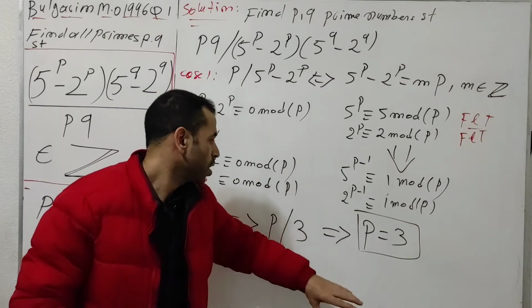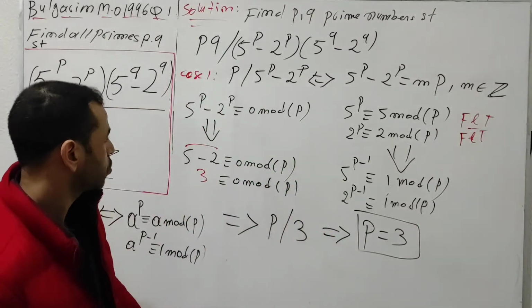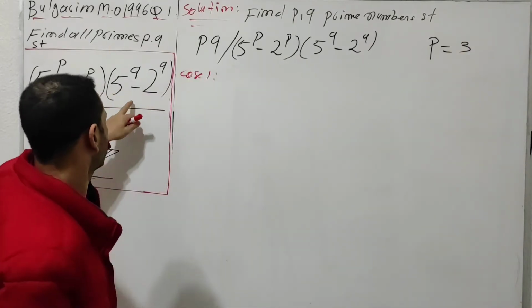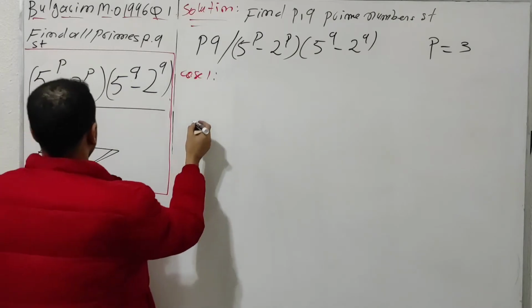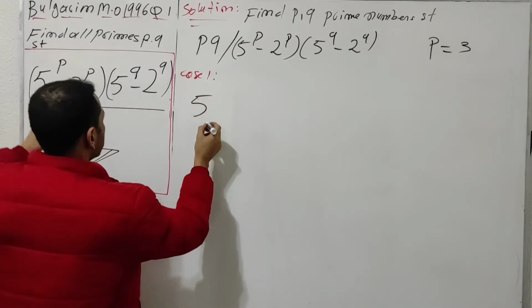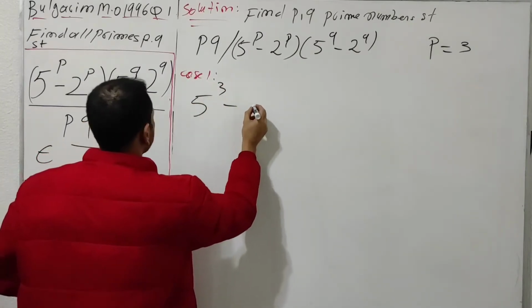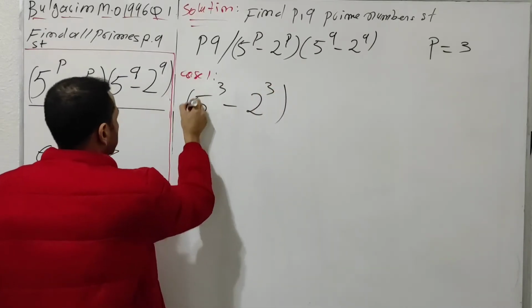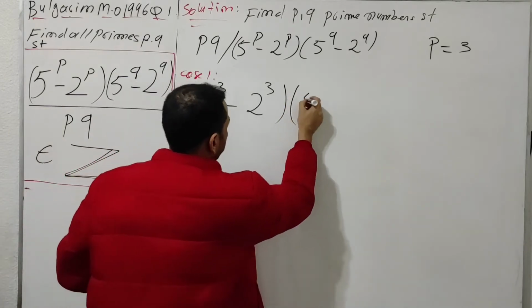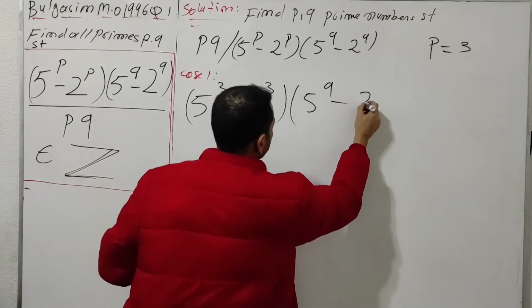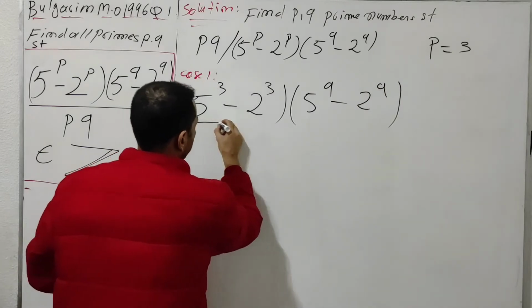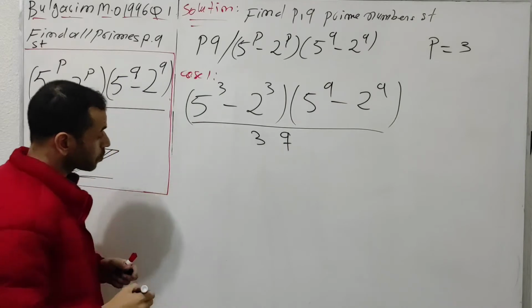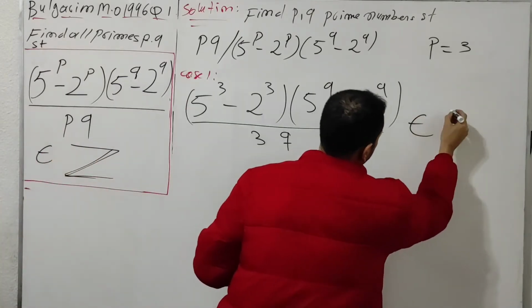Let's bring this important result to the top and continue with our problem. I'm going to take this value and plug it into the expression. So I have (5^3 - 2^3) multiplied by (5^q - 2^q) over 3q, which is an integer.